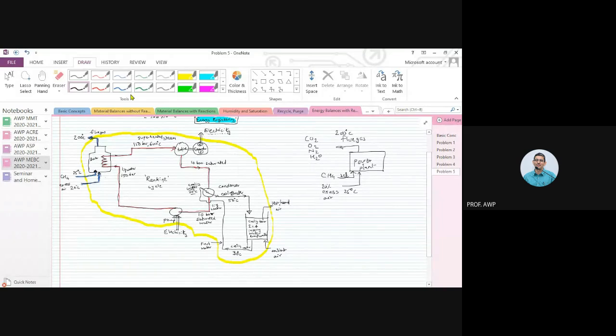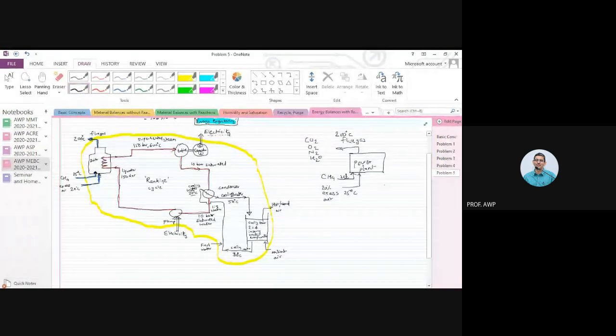Okay, what else comes into this power plant? Ambient air. Fresh water. Correct.